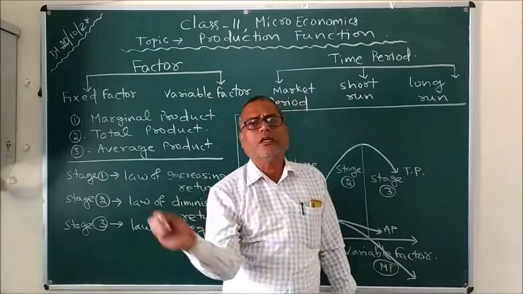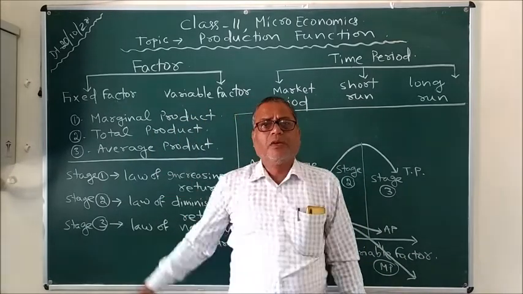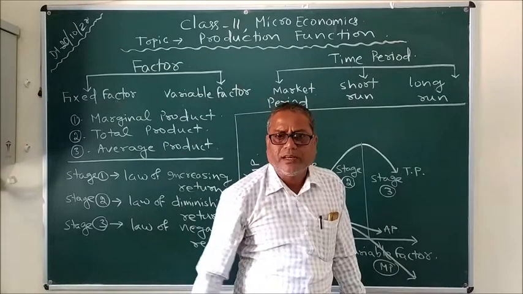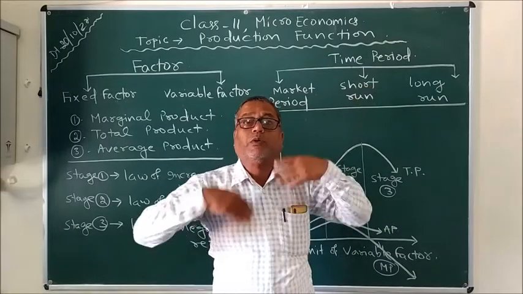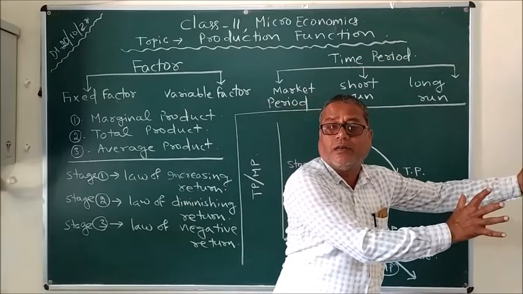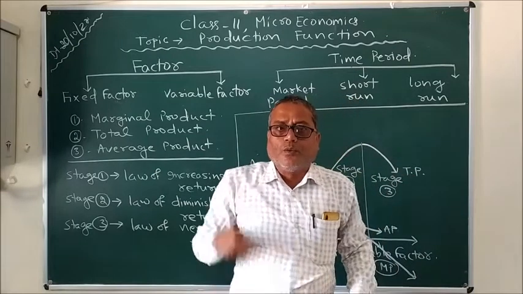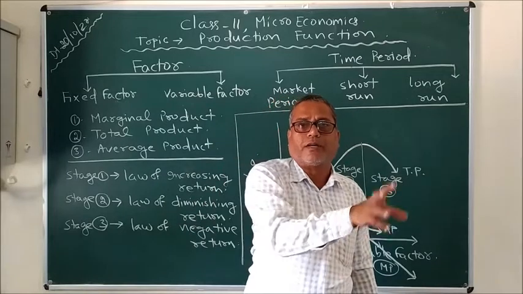We can put 10 kilo of fertilizer, we can apply 20 kilo, we can apply 30 kilo. Here in short run production function, we would try to understand what happens to total product when we continuously increase the number of variable factor.